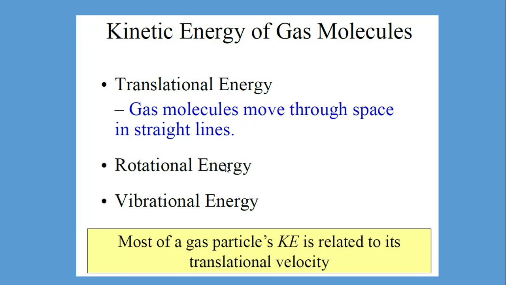And vibrational energy is when molecules vibrate, like when we do our whole little solid, liquid, gas thing and I act silly. So vibrational energy is when you're in one spot and there's just some motion. But most of the gas particles' kinetic energy is translational energy, because they're moving in straight lines, hit a wall, spin, and keep moving.